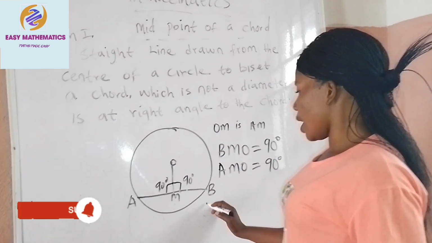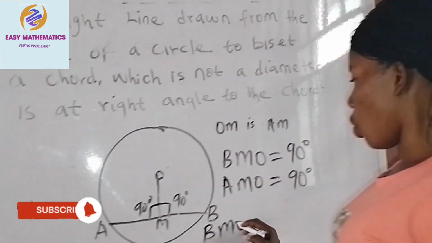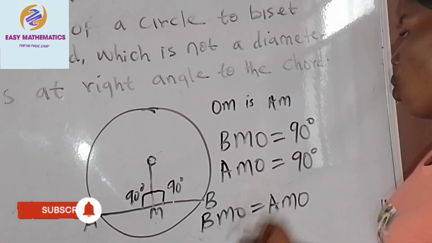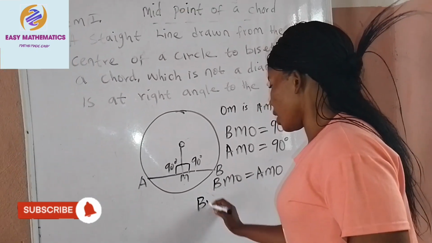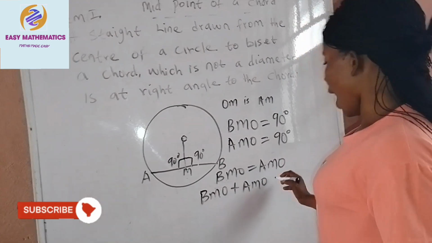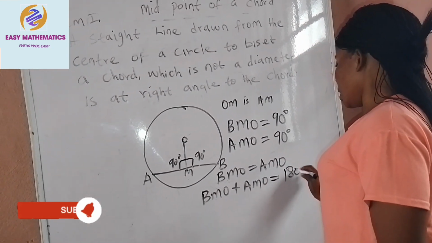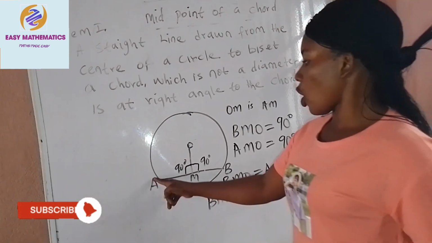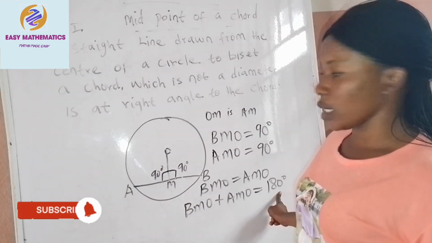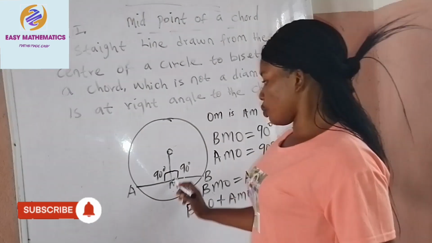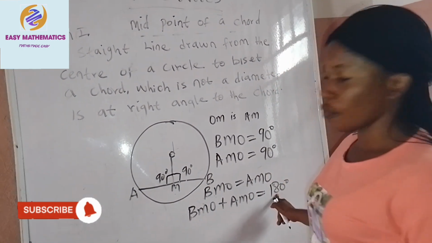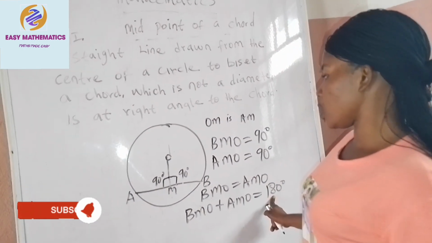That is to say that BMO is equal to AMO. Now, when we add these two angles, BMO plus AMO, they give us 180 degrees. Why? Because angles on a straight line add up to 180 degrees. That is, 90 degrees plus 90 degrees gives us an angle of 180 degrees.